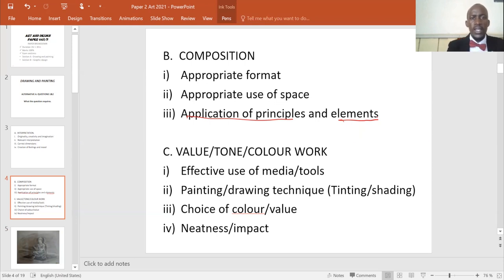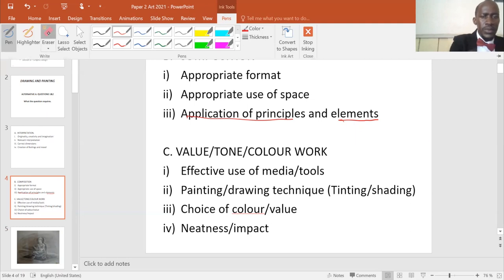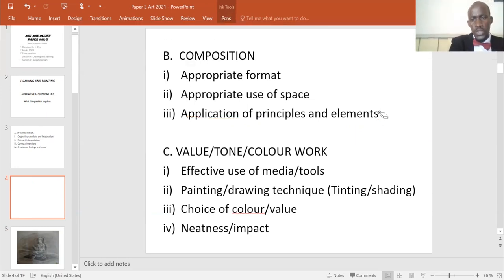If the candidate is able to use all those in their work, the correct application of principles and elements in paper 2 gives a candidate up to 10 marks. The appropriate use of space gives up to around 5 marks.